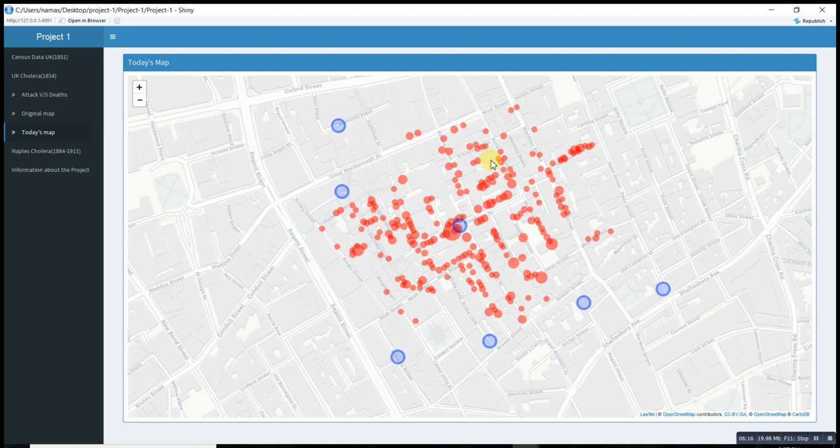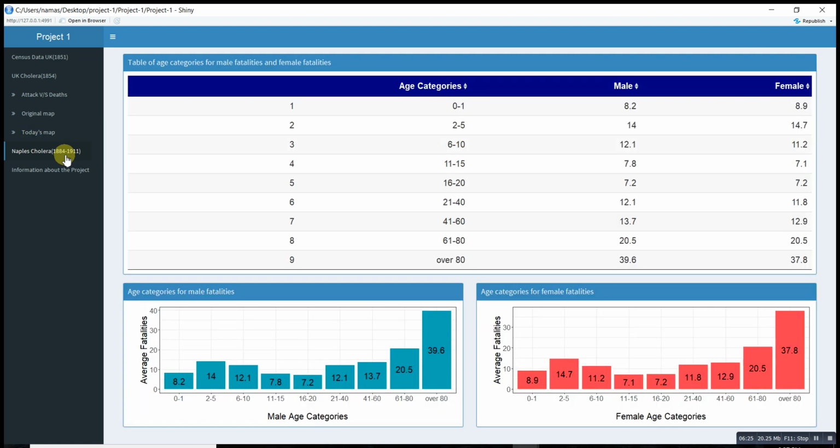Now I have one more data set to visualize, that is the Naples cholera, which occurred in a similar time period as the UK cholera. Sorry for the word mistake.